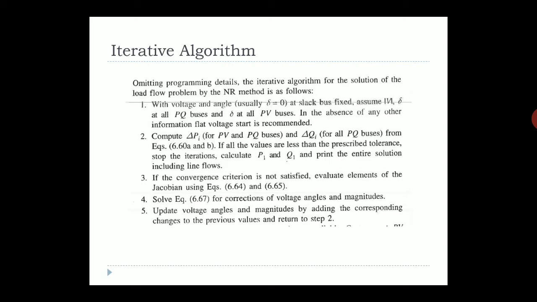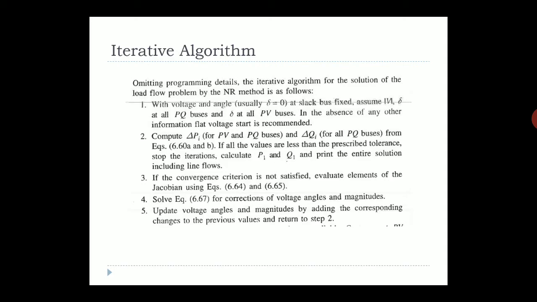With that calculation we calculated the value of P, and the actual value of P that is defined in the problem, the difference of that will create the delta P, and delta P is common for PV as well as PQ buses, and delta Q is only for the PQ buses, because we cannot find delta Q for the PV bus, as for a PV bus the Q is not given. Now if the convergence criteria is not satisfied, we evaluate the elements of the Jacobian.